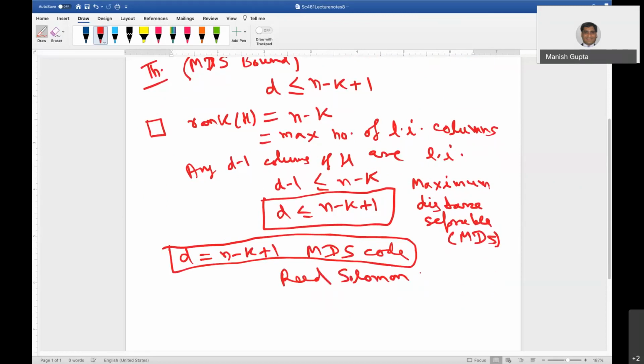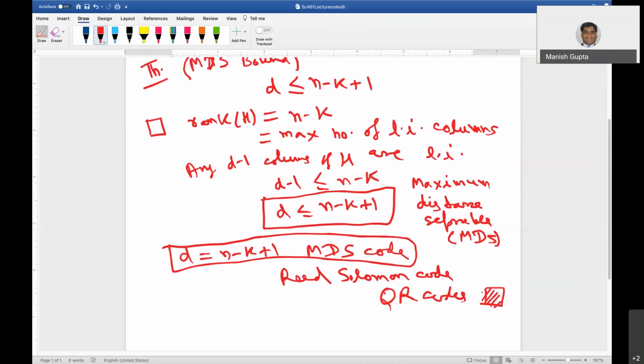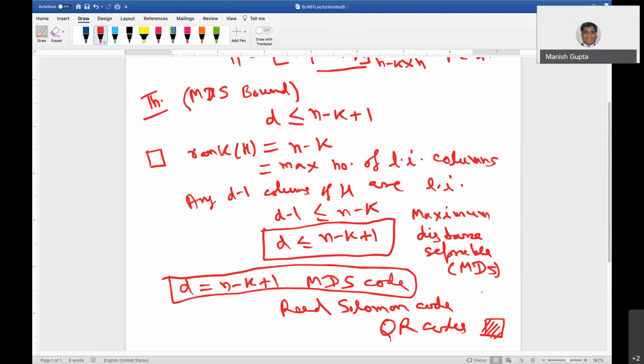We will discuss this Reed-Solomon code later on. You can see that they have a lot of applications in QR codes, which is very common, that you use from your mobile phone. They use Reed-Solomon codes. Reed-Solomon codes are also used in many hard disk storage systems and so on. They are very popular. So the first bound is the MDS bound.